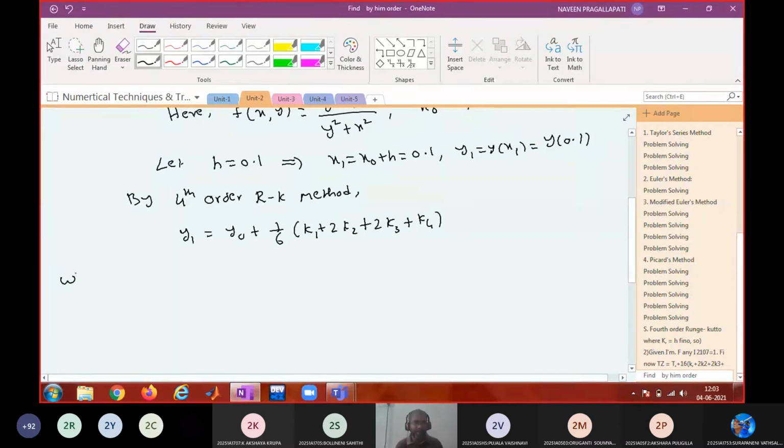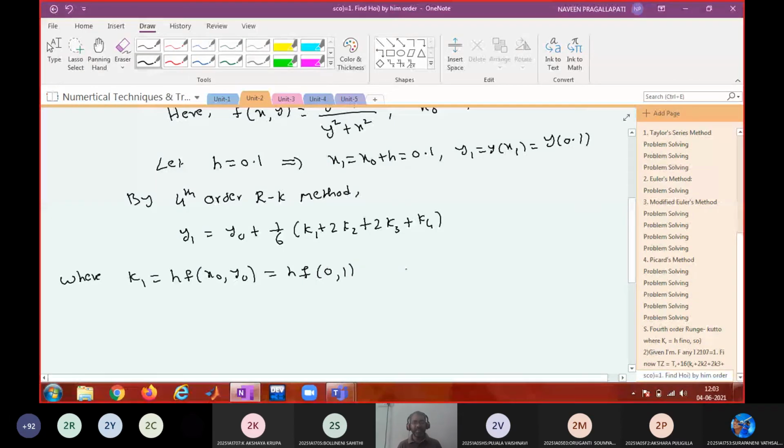where k1 equal to h into f of x naught comma y naught. So this is h into, I think we have been substituting the values first, right? So h into f of x naught comma y naught, that is f of 0 comma 1.